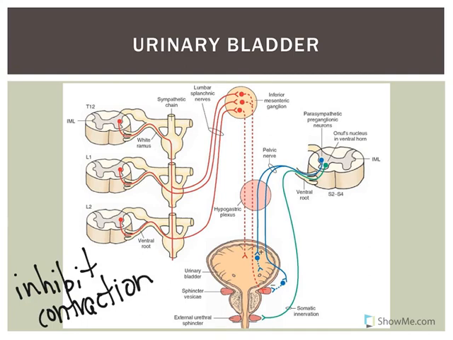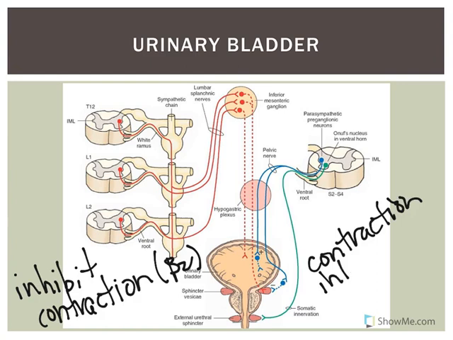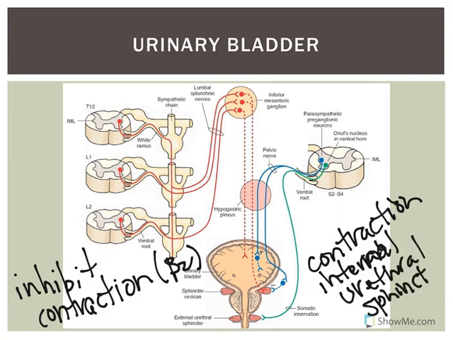So inhibit contractions via beta 2, and it also causes contraction of the internal urethral sphincter, which is smooth muscle. So this is a picture showing you in a male. So the internal sphincter is right here.